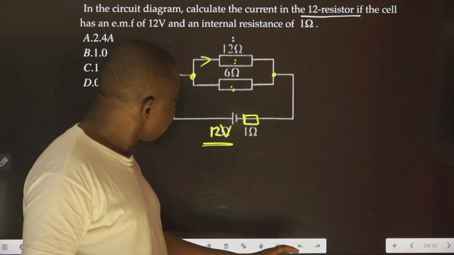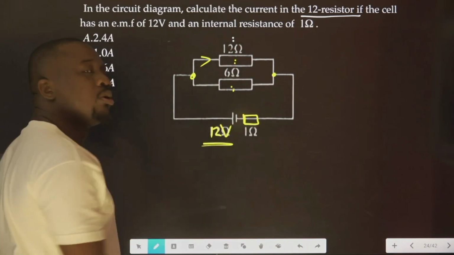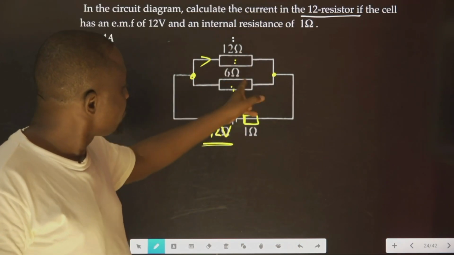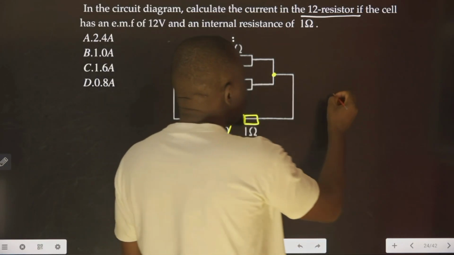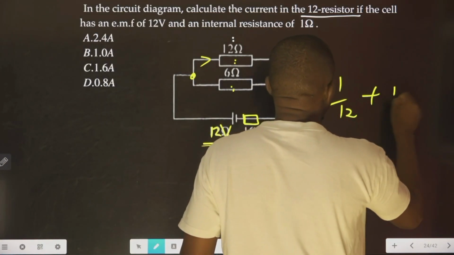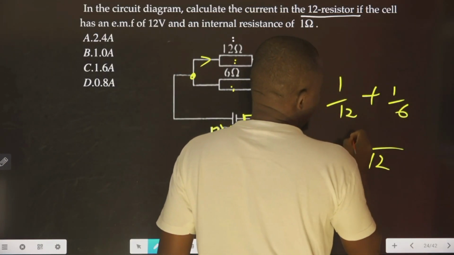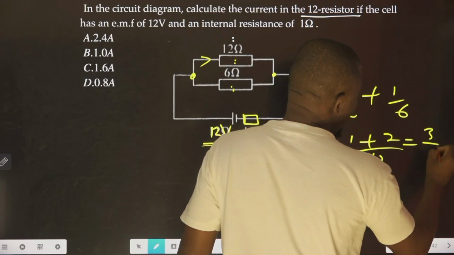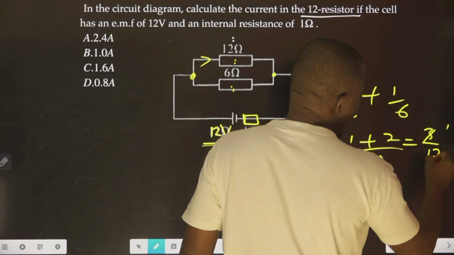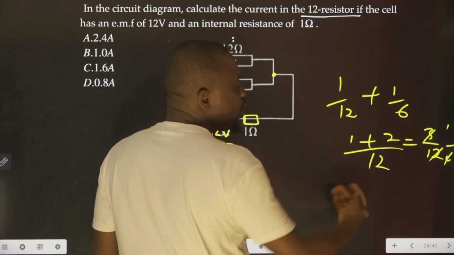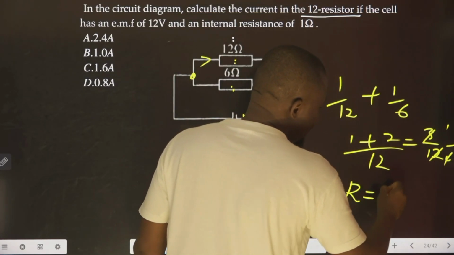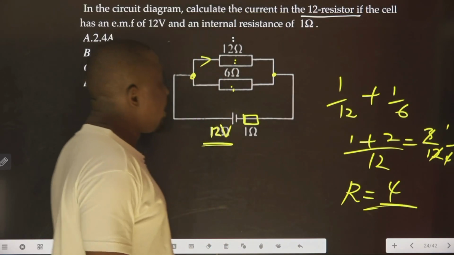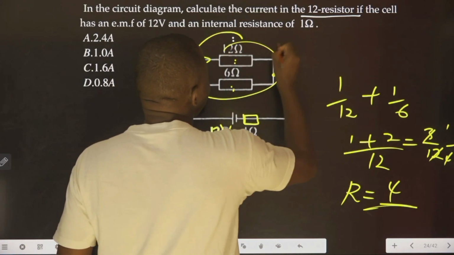It means, therefore, we need to know the effective resistance between these two resistors: 1 over 12 plus 1 over 6, that is 1 plus 2 equals 3 over 12. That is 1 over 4. You have to invert it to get the effective resistance, which is 4. It means the total of these two is 4.